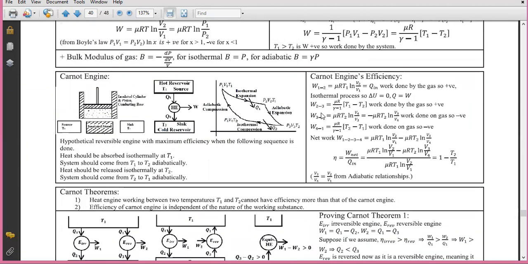Carnot is the name of a French scientist. So what he did was he devised something like a theoretical engine. So let's try to explain that.